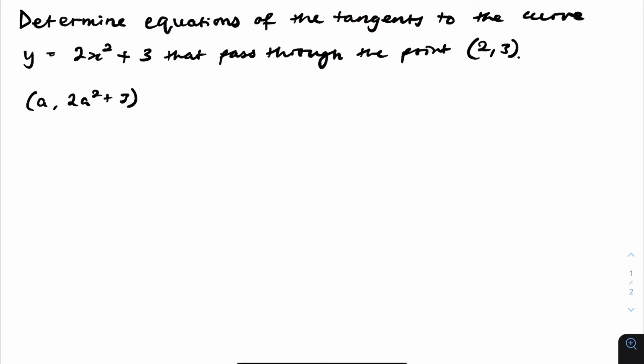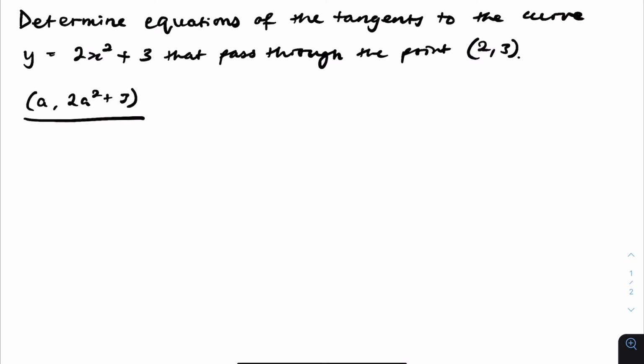Well, let's just say x is equal to a. So for every x we substitute a. This makes sense because if we substitute a specific value in x, it would generate a y value using this equation. So it's safe to say that this is a point on the curve.